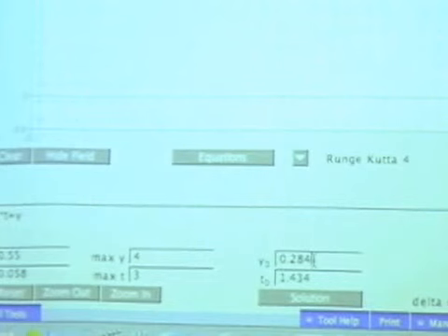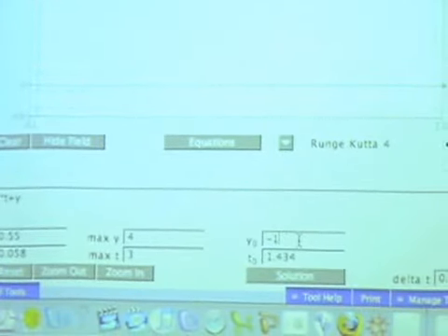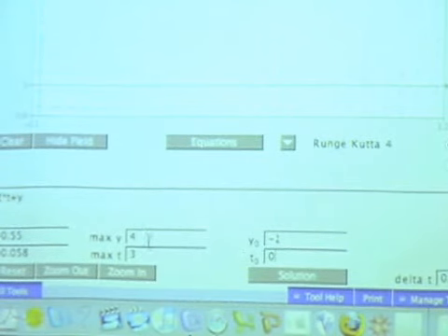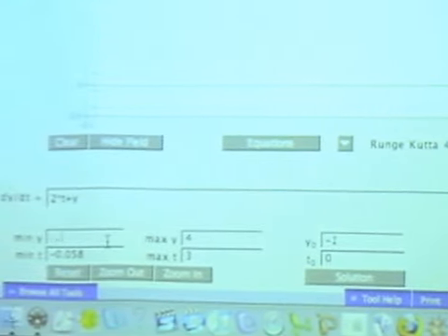Take our initial condition. y was -1 when t is 0. So I'm entering that down here. And I'm going to go down further for y.